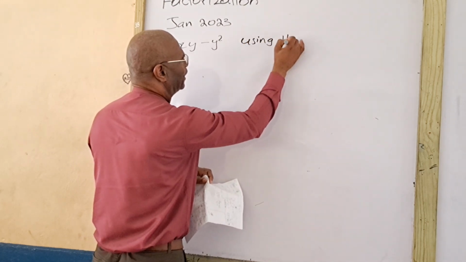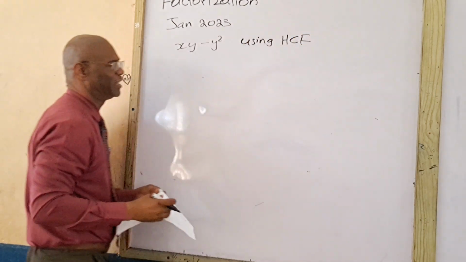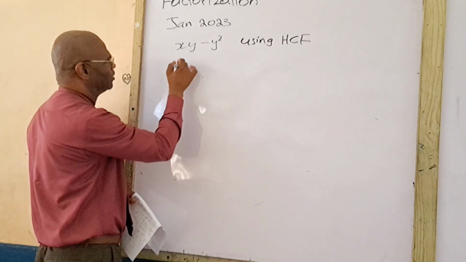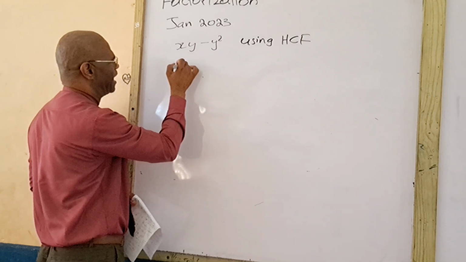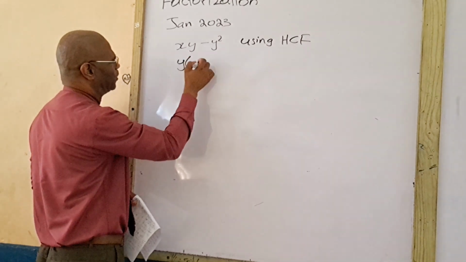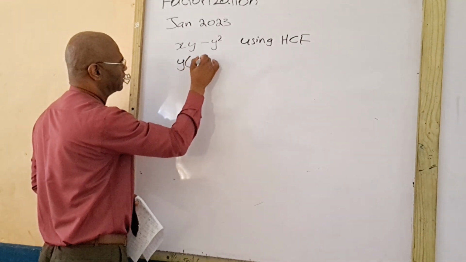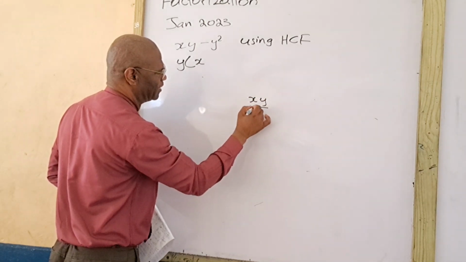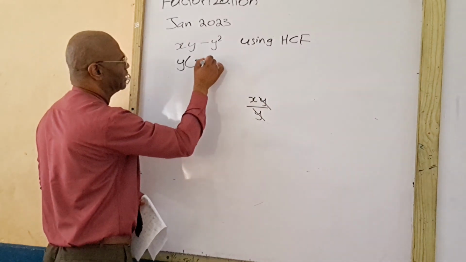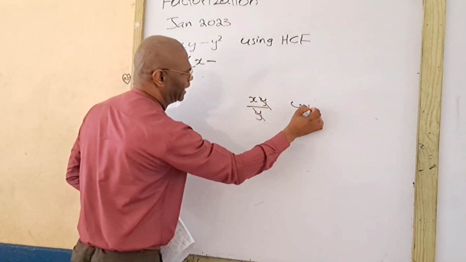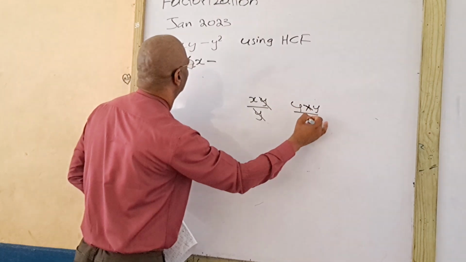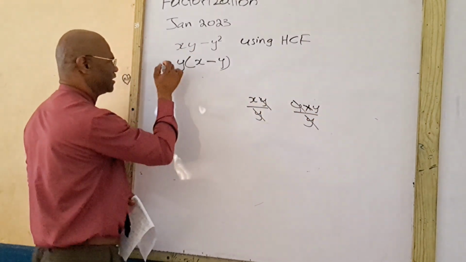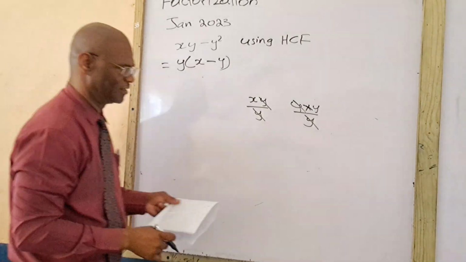We are going to use the HCF to factorize this. The highest common factor here is y. Y into xy is x, and y into y squared is y. So we are left with y times x minus y. That's your answer. Simple, that's 1 mark.